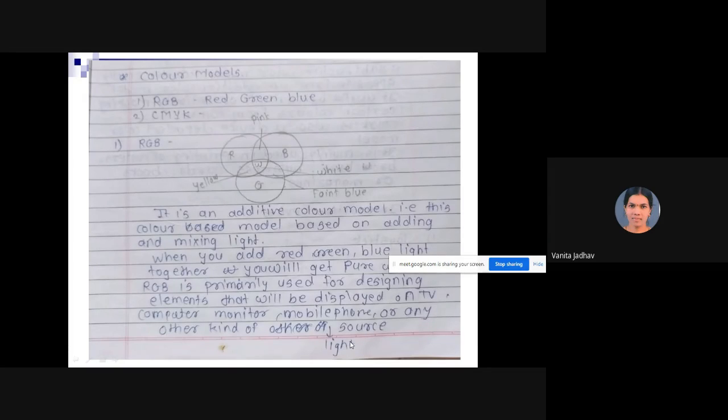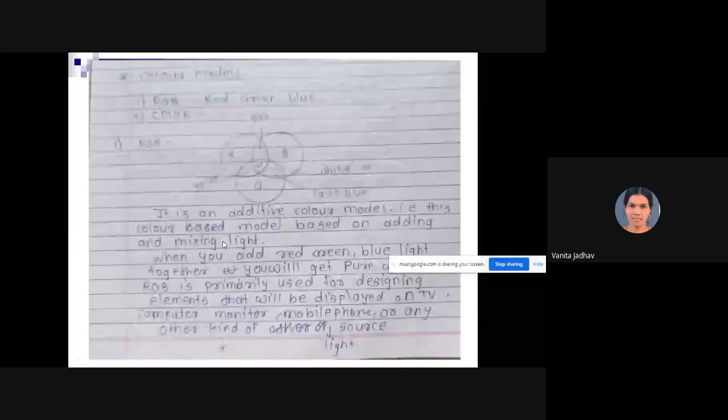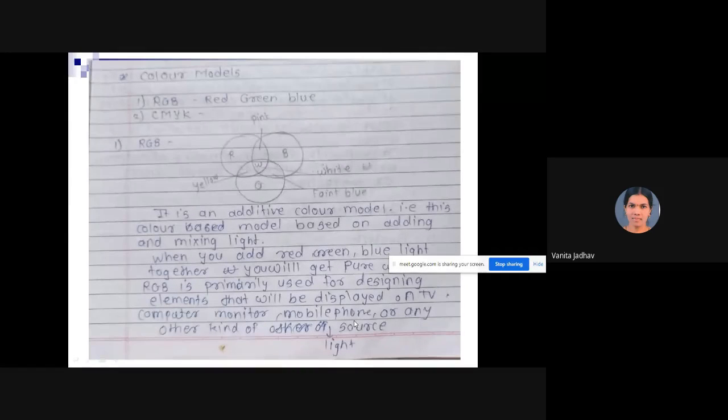Whatever display devices we use, whichever display devices use light, the RGB color model is used on such display devices. So some simple examples are our television, computer monitor and mobile screen. You can keep in mind these three examples. These are the best examples for the RGB color model.